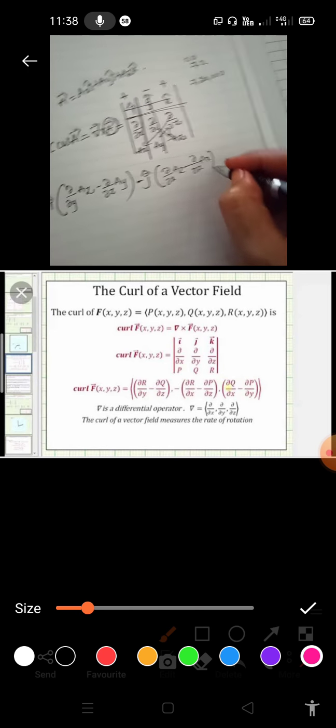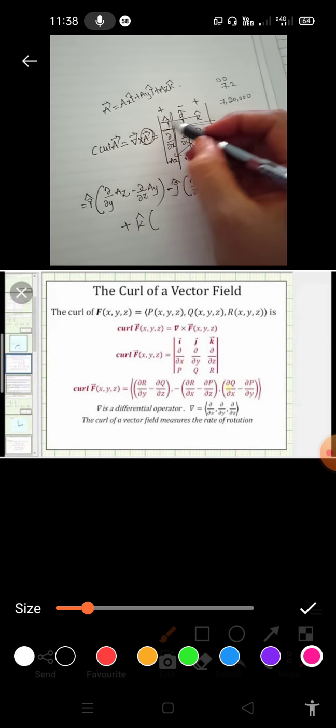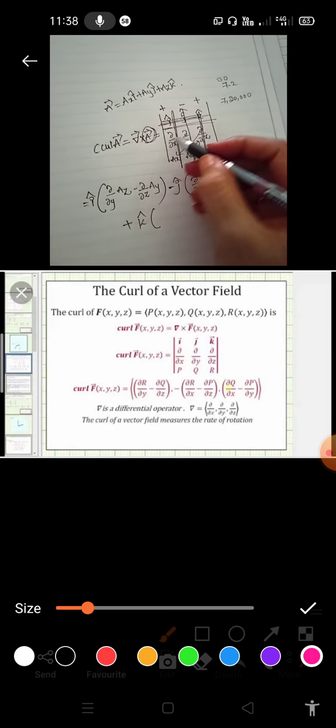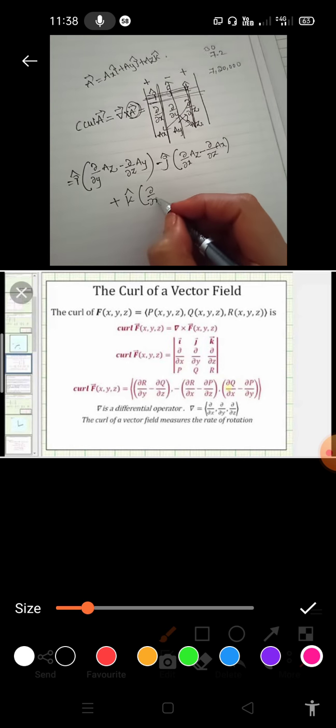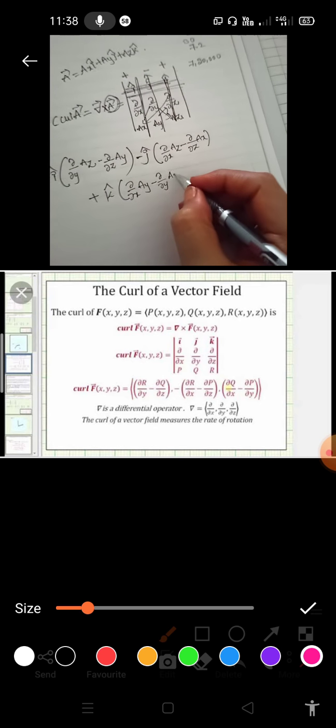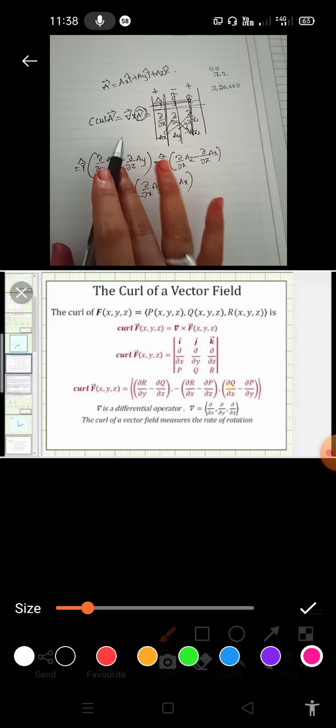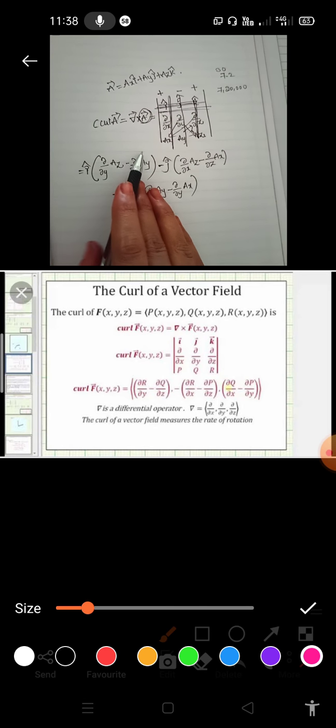And next, what is left? Plus k cap of, eliminating the kth row and kth column, what is left? ∂/∂x of Ay minus ∂/∂y of Ax. So this is the curl value. This is the way you have to find out the curl of a vector field.